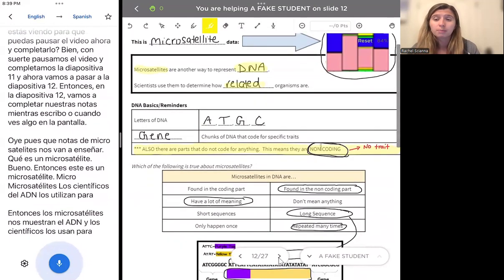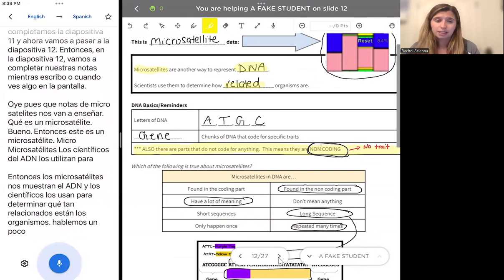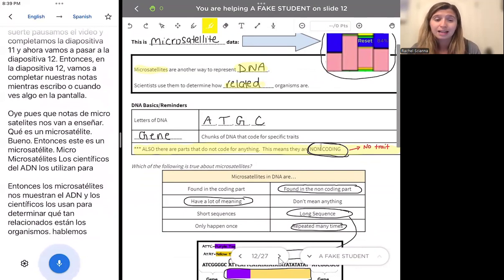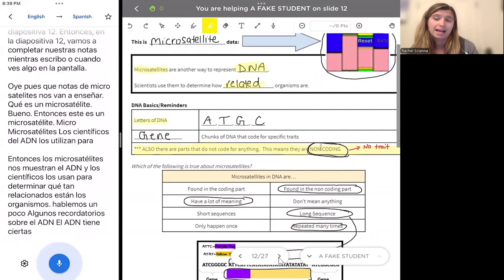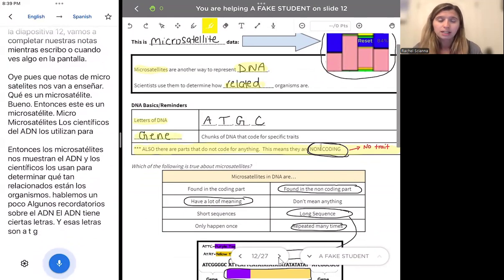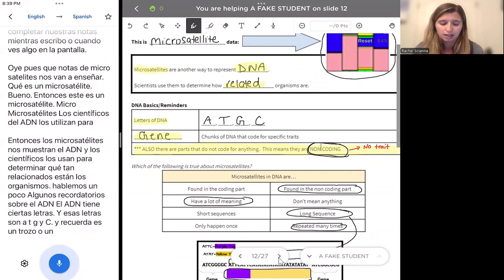Let's talk a little bit more about DNA next. Some reminders about DNA. DNA has certain letters, and those letters are A, T, G, and C. And remember that a gene is a chunk or a piece of DNA that codes for a specific trait.